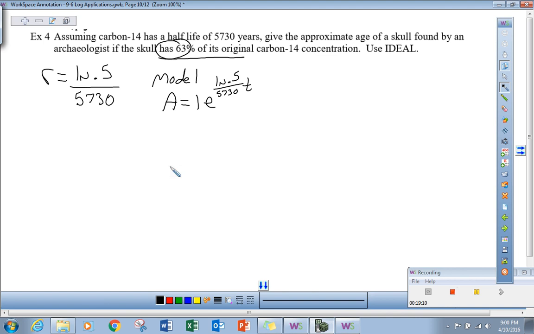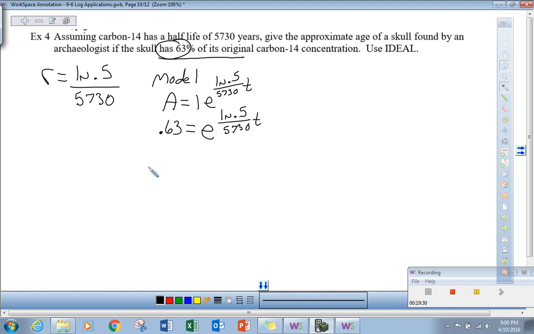So look down the road. To maintain 63%, if we started with 1, there's going to be 0.63 left. So I got 0.63 equal e to the natural log of 0.5 over 5,730 t. And we would like to solve this for t once again.